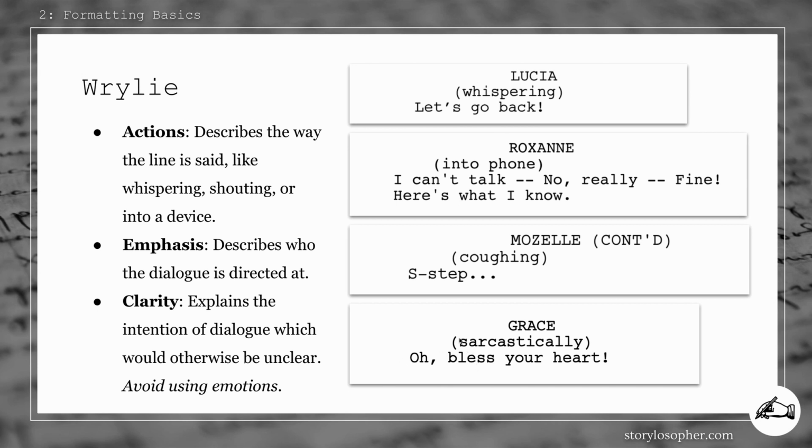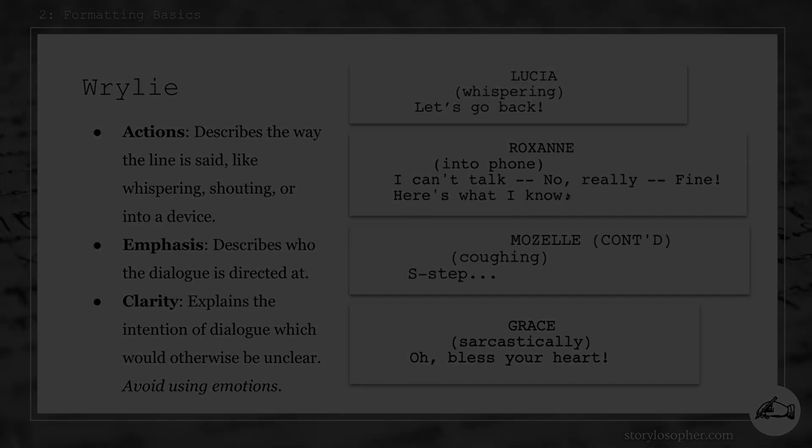And if this wasn't here, it would be unclear the intention behind the line. Okay? And usually that's something that is wry or sarcastic or is a double entendre or is a joke, something like that. And that is the only time when you would want to really include this in a way that's not describing the way it's being said in these other manners.